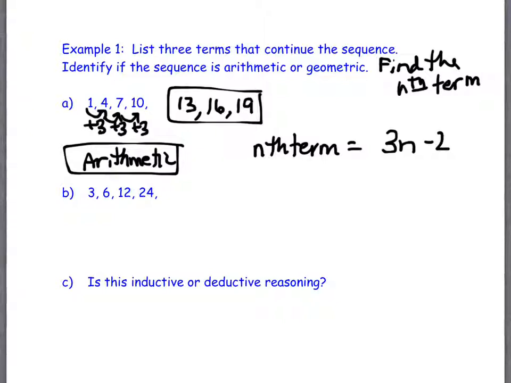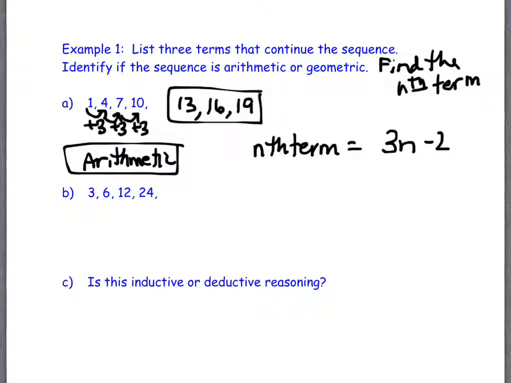The common difference that I just got, the 3, is multiplied by n. It always happens that way. And then I'm going to add or subtract whatever I need to get the first term. So now if I plug in n equal to 1 here, I get 3 times 1, which is 3, minus 2, and is that my first term? It is.